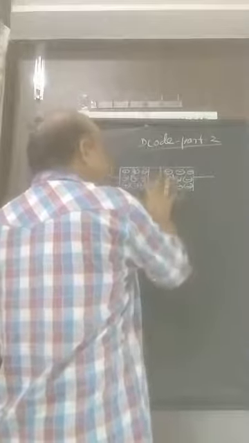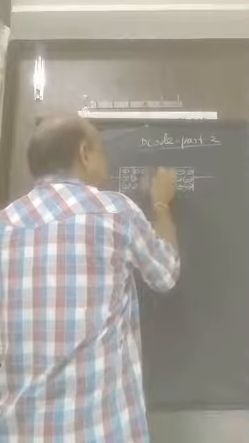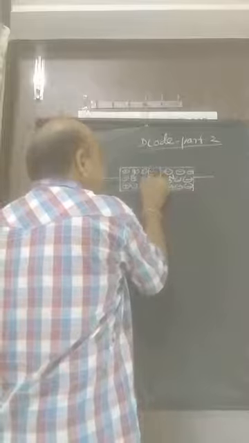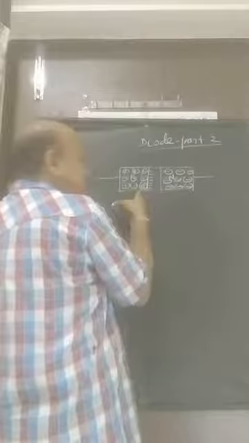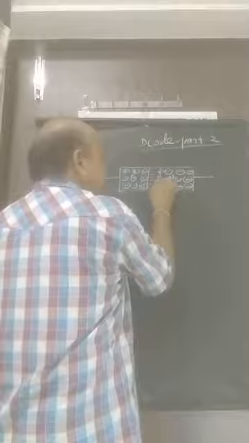After this movement, a layer of negatively charged electrons will be formed at the positively charged hole side, and a layer of positively charged holes will be formed at the negatively charged electron side, that is the N side.